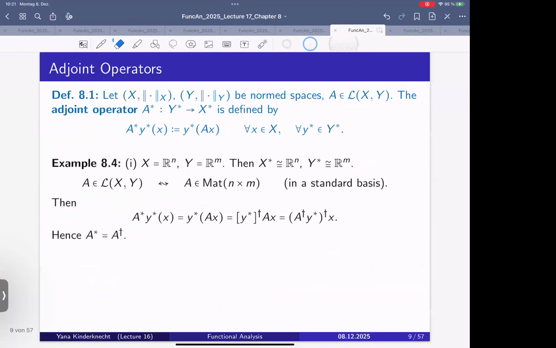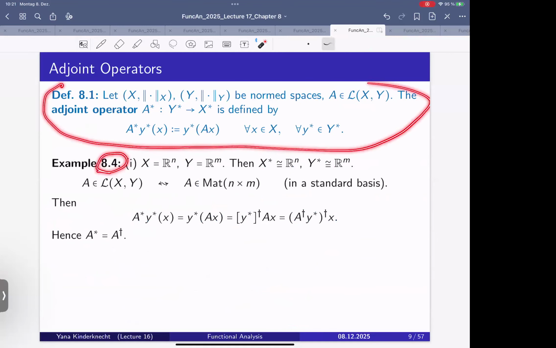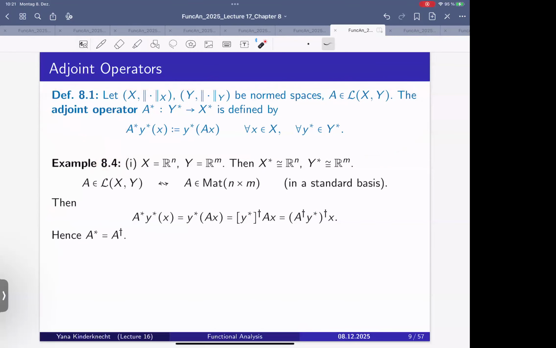So example 8.4. So just to remember, this was the definition. I just preserve it so you can see the formula anytime you need. So we start with the first example where X is R^n, so a finite dimensional normed space, and Y is R^m. Then we may associate X star, the topological dual, with its algebraic dual, and it is R^n.